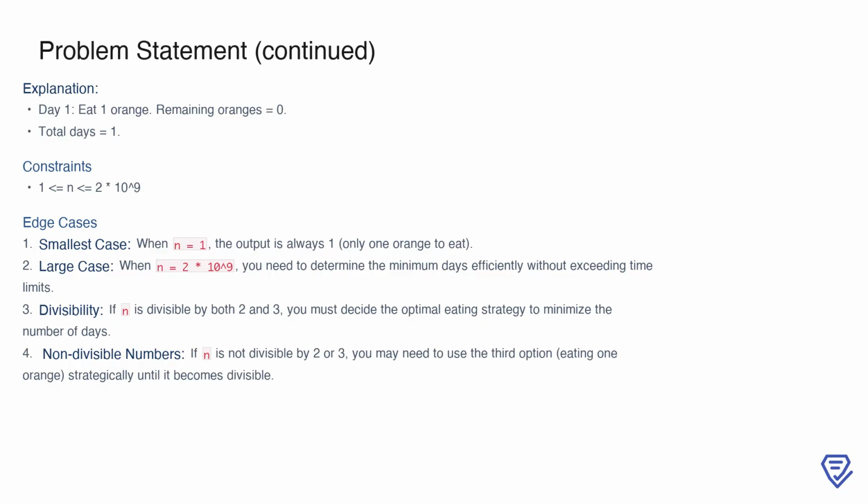Additionally, when n is divisible by both 2 and 3, we need to decide the optimal strategy that minimizes the number of days. Finally, there are cases where n is not divisible by either 2 or 3, requiring us to use the third option, eating 1 orange at a time, strategically until one of the divisibility conditions is met. These considerations ensure the solution is both correct and efficient across all inputs.